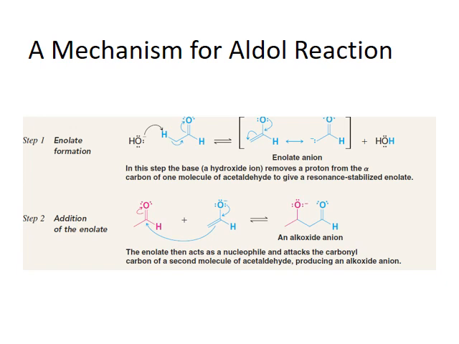Mechanism for aldol addition in basic medium. First step, formation of enolate. Alkali abstracts a proton to form the stabilized enolate anion. Then addition of the enolate, in a nucleophilic reaction, to another molecule of the aldehyde or the ketone to give an alkoxide anion.